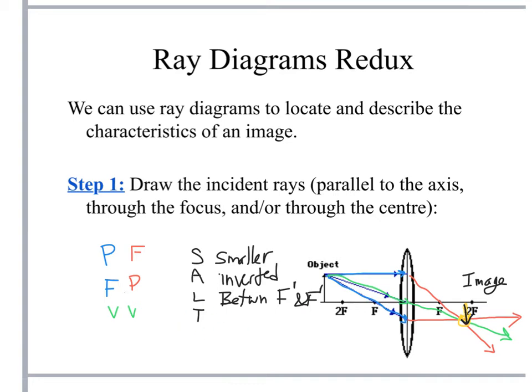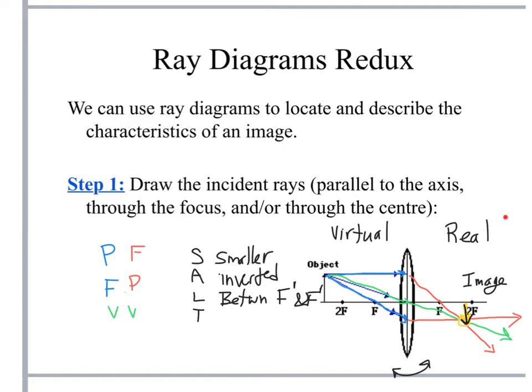Now, type here is different from mirrors. I think of it as if you are looking through a lens, you are seeing the real world on the opposite side. So with lenses, we have real over here and virtual over here. Now, of course, I'm not saying left and right, because if we flipped this to the other side, then the real side would still be on the opposite side of the object.